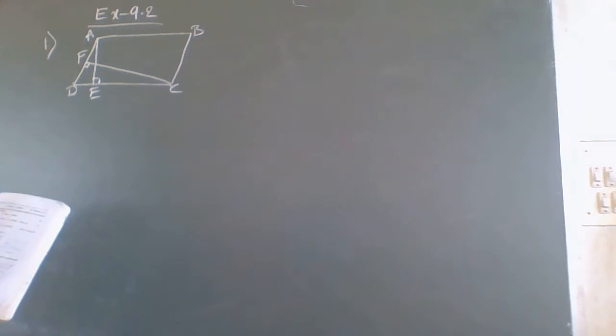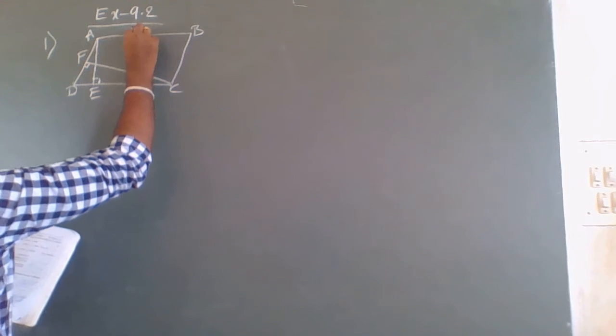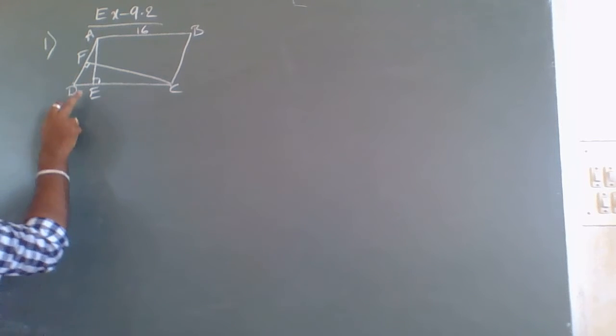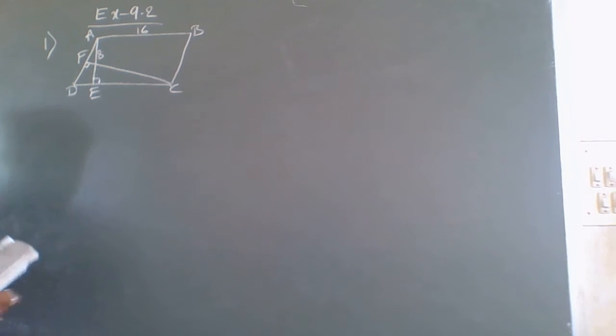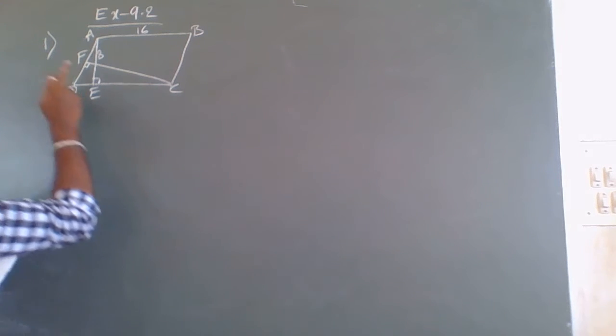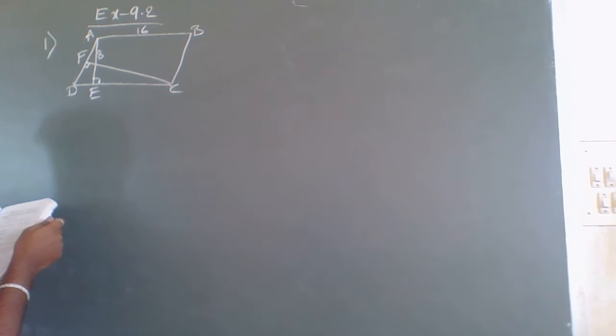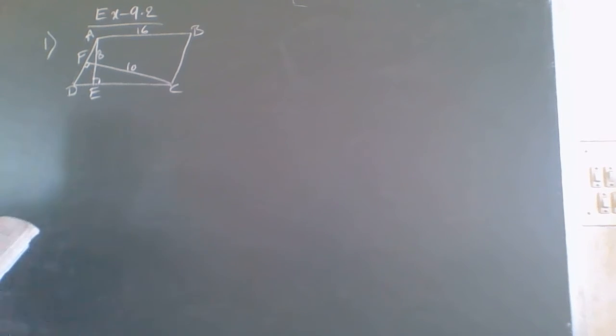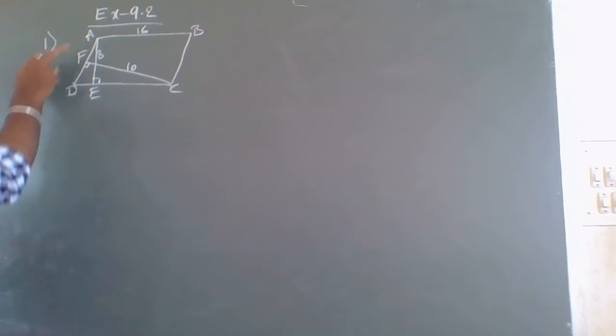If AB is equal to 16 centimeters, this AB is 16 centimeter, and AE is 8 centimeter. This AE length is 8 centimeter and CF, this length CF is 10 centimeter. Find AD. We have to find out length of AD.